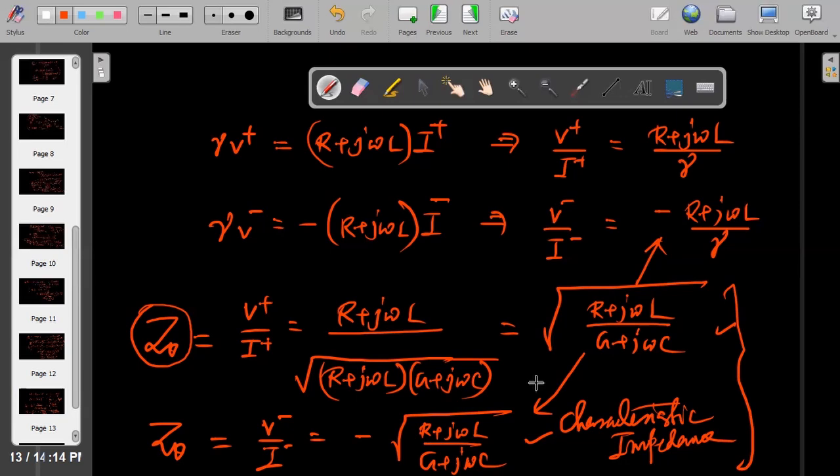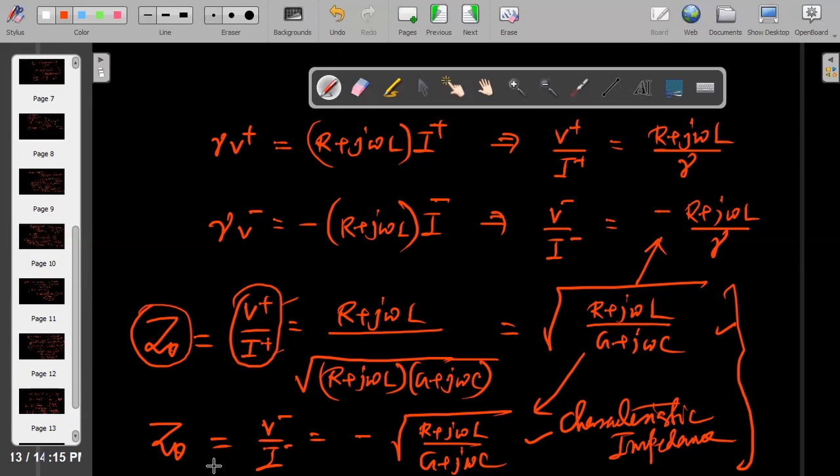I think all of you have understood. Another topic. Sir, can you repeat the last statement? Okay. Last statement, what I told: V plus by I plus is nothing but your characteristic impedance. It is nothing but R plus j omega L divided by G plus j omega C, correct? Now, what I told: it is the ratio of the traveling voltage in the plus x direction to that of the traveling current in the plus x direction, plus and plus.